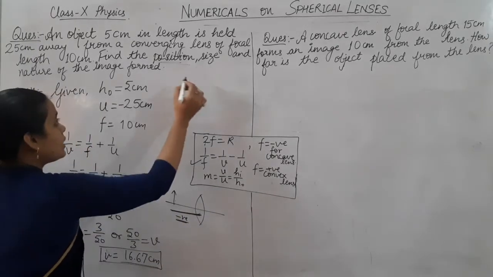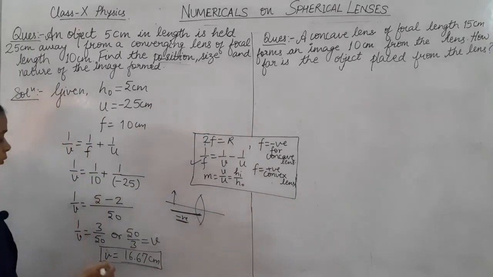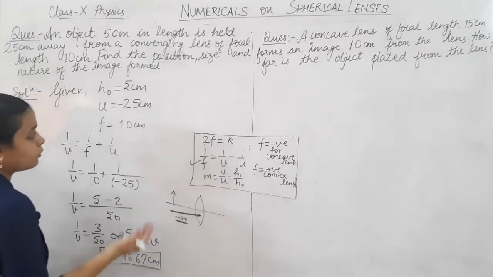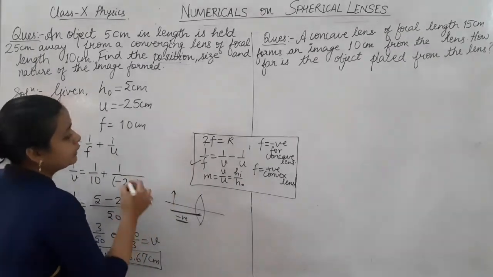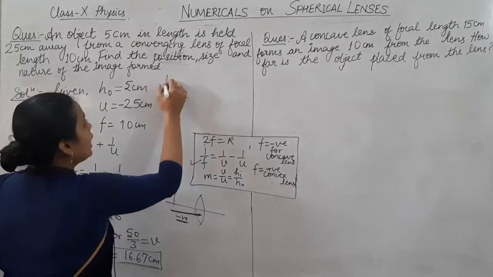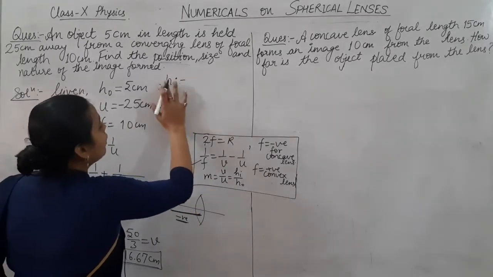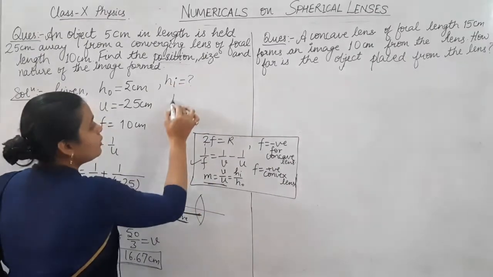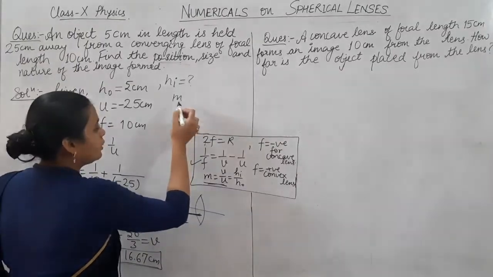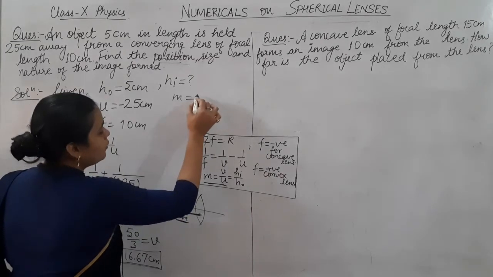Now the size of the image also, whatever position it forms at, you have to find out. We have to find out the size, means HI. If we need to find it, we will use which relation? Magnification.